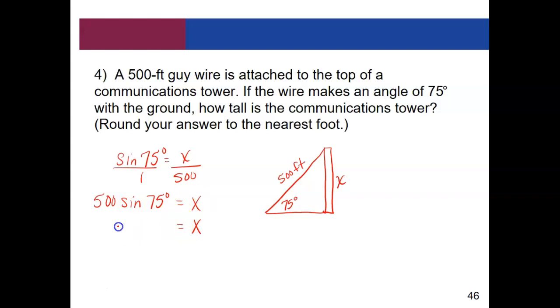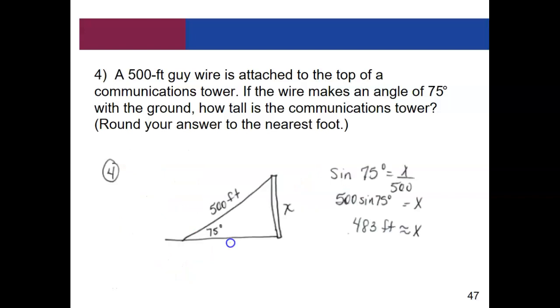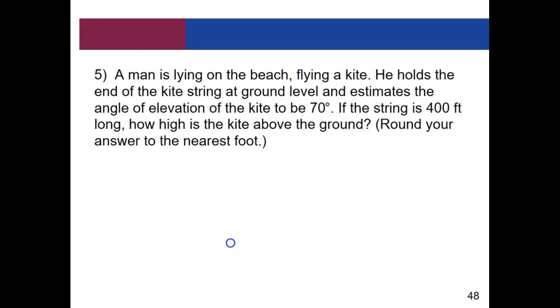So that's going to be 482.96, or we probably are going to round that to the nearest foot, so 483 feet for the height of the communications tower. Okay, try this one.